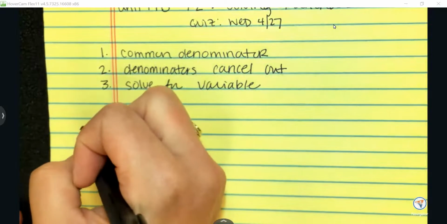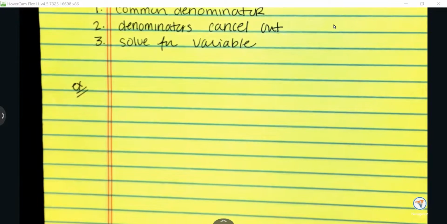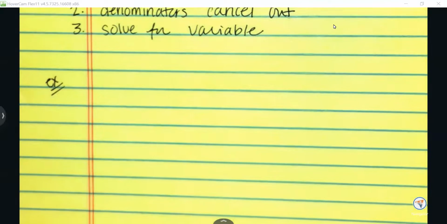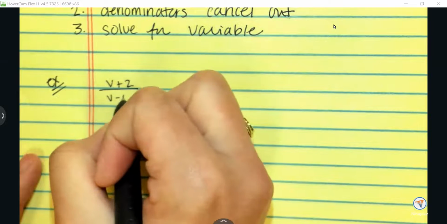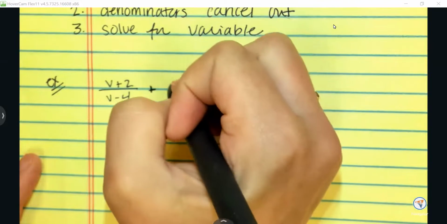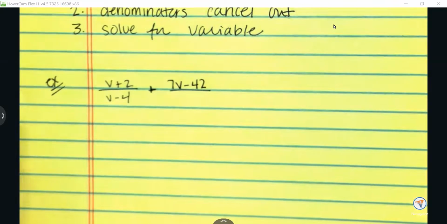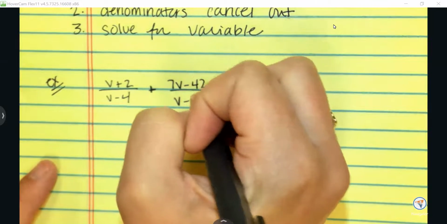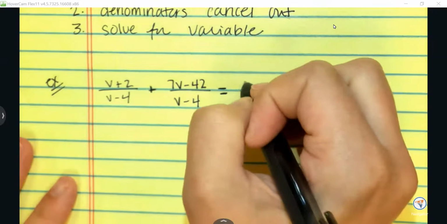So example number 1. Example number 1 says v plus 2 over v minus 4 plus 7v minus 42 over v minus 4 equals 1.